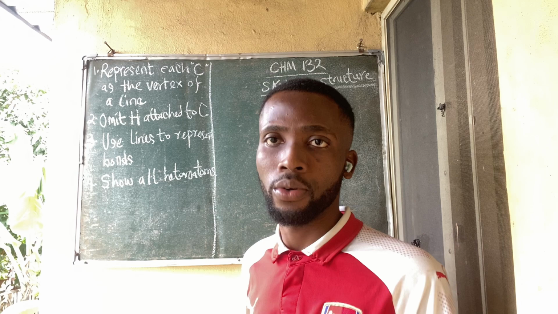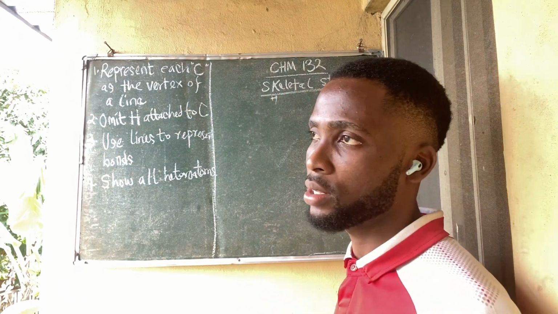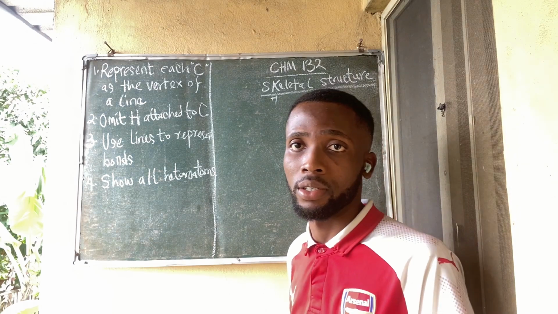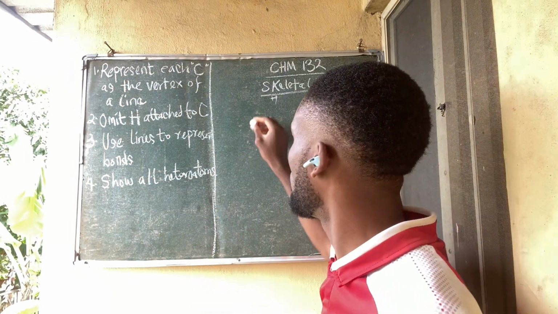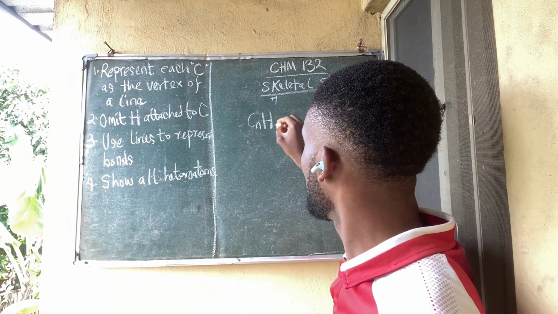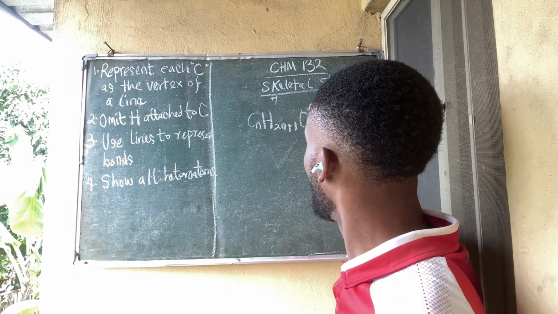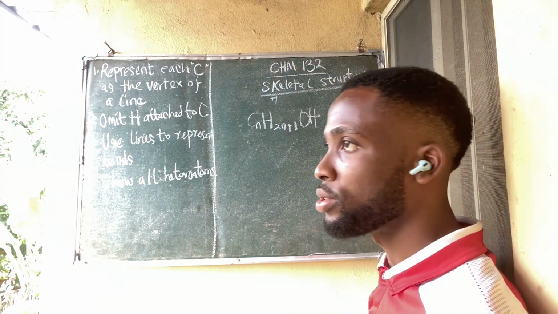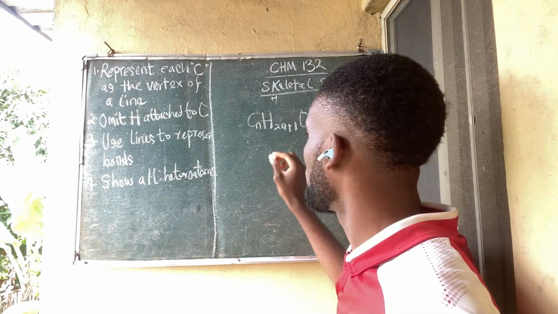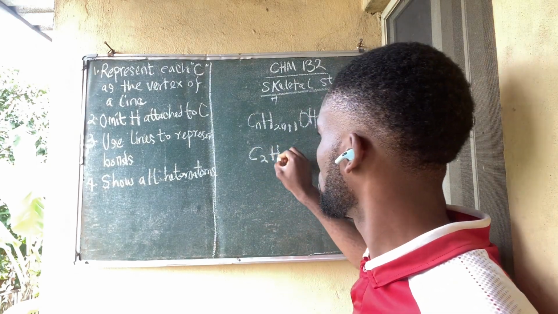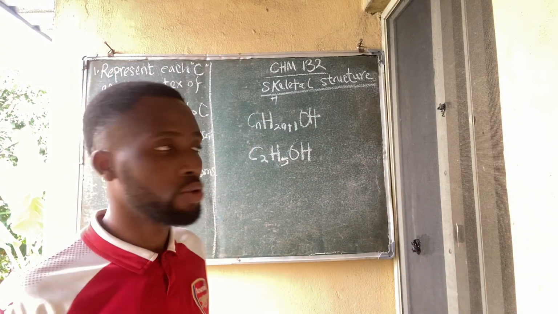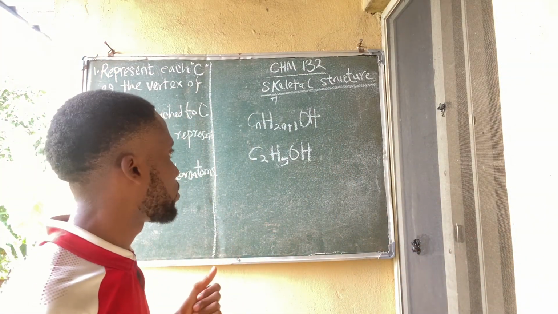Let's say we want to draw the skeletal form of ethanol. Ethanol is a member of the alkanol family, by the way, and they have a general formula CnH2n+1 OH, right? And ethanol has the formula C2H5OH, and you want to represent this.